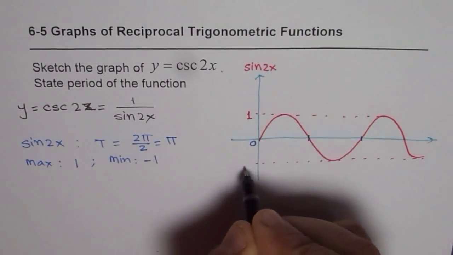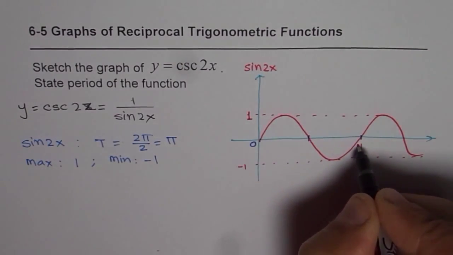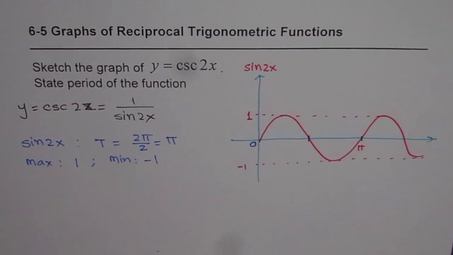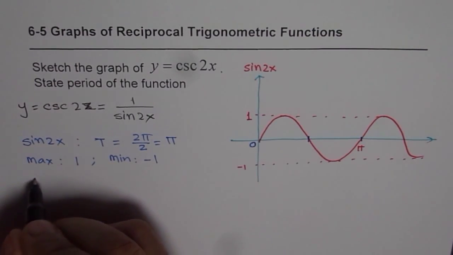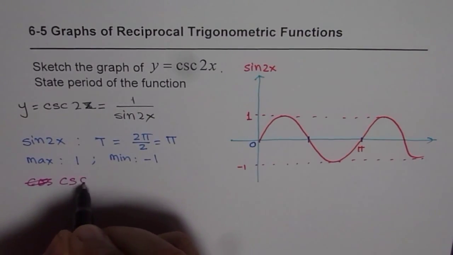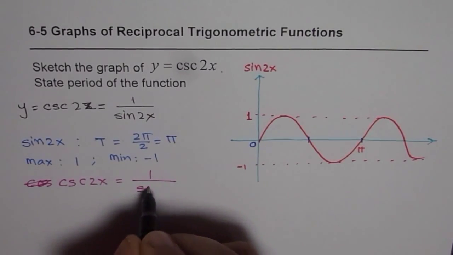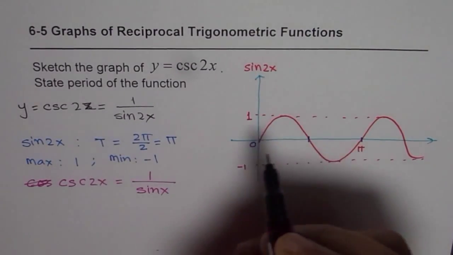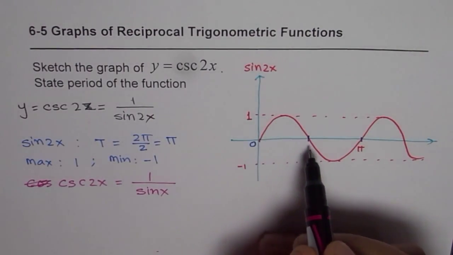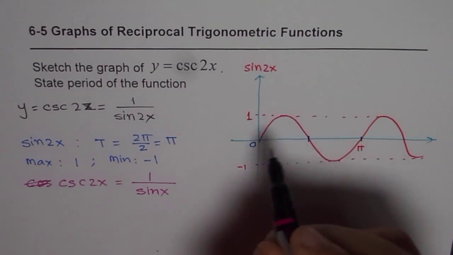So this is plus 1, minus 1, and one period is pi. Perfect. Now, if I have to sketch the reciprocal of this function, which is cosecant 2x, equals 1 over sine 2x, then we look into the graph of sine 2x and then sketch cosecant 2x.